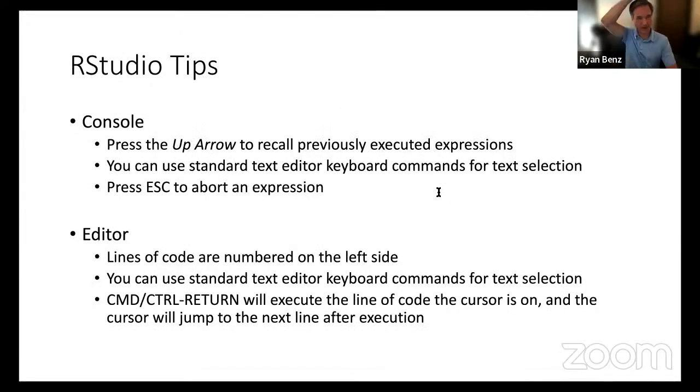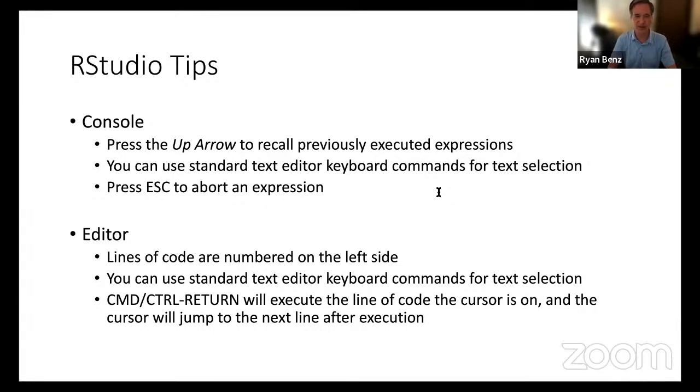Okay, before we write some code here, just some quick tips. I'll cover these live as well, but in the console, you're going to be typing expressions and executing them. If you press the up arrow at the console, you can cycle through those commands. It holds a history of what you did. So if you push the up arrow, you can go back to previously executed commands. That's really useful.